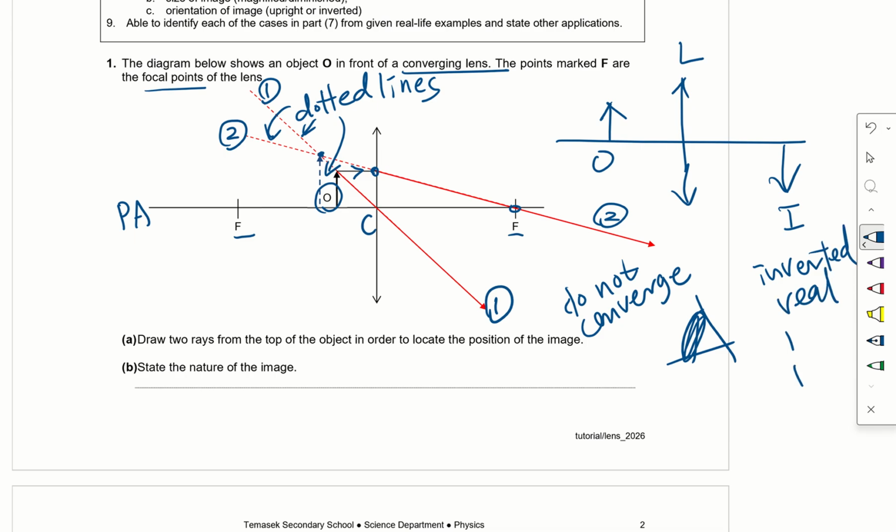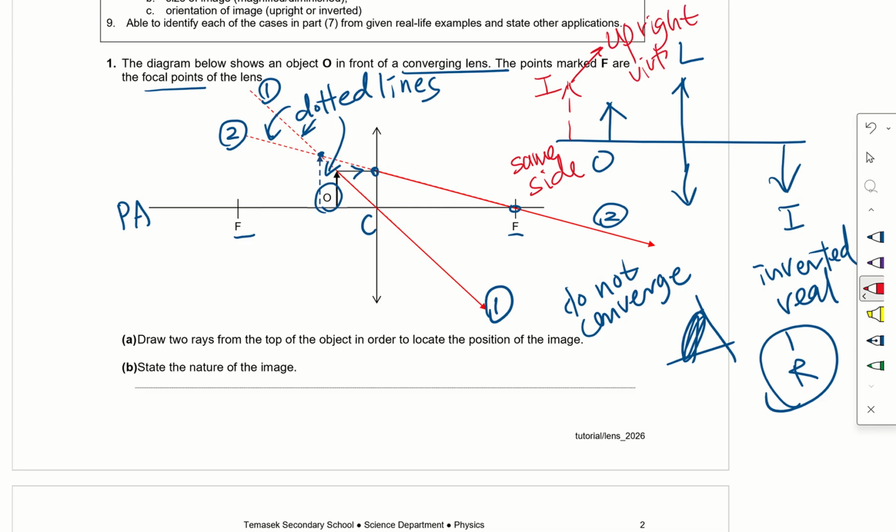I and R, inverted and real. However, if the image is found on the same side as the object, on the left hand side, it will always be upright and virtual. So you can think of it as UV if it's on the same side, upright virtual. If it's on the opposite side from the object, it will always be inverted and real.